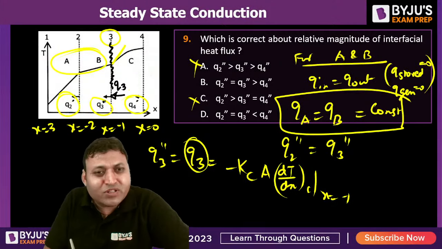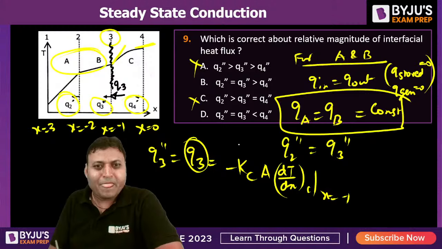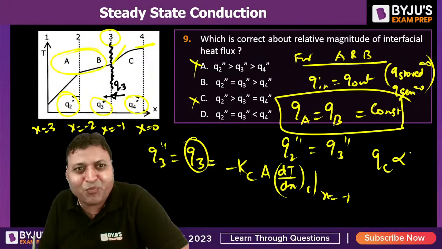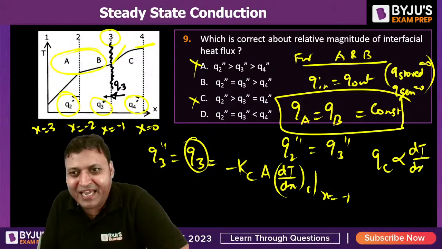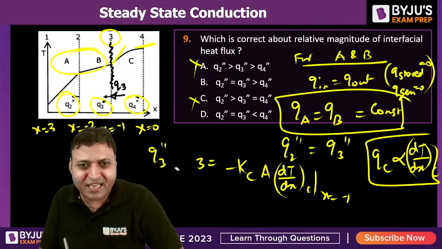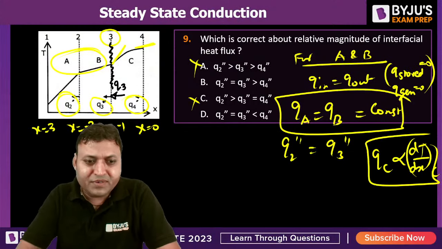That will be Q3. And if we talk about Q4 double dash, or between Q3 and Q4, if you see, Q3 is proportional to dt by dx. Do you agree? Now, try to understand.